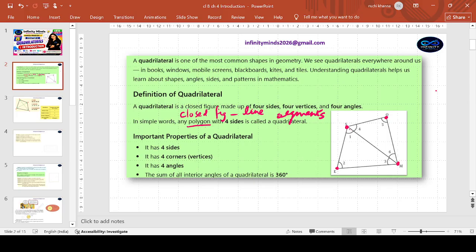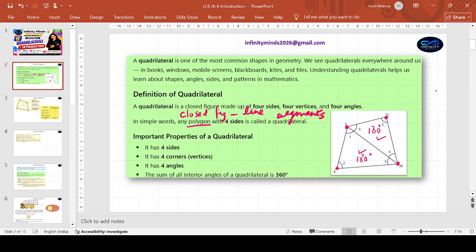Let's have a look. If I join one pair of opposite vertices, I am able to divide the quadrilateral SOME into two triangles. I have three angles, angle 1 plus 2 plus 3, in one triangle, and angle 4 plus 5 plus 6 in the other. The sum of the three angles of a triangle is 180 degrees.